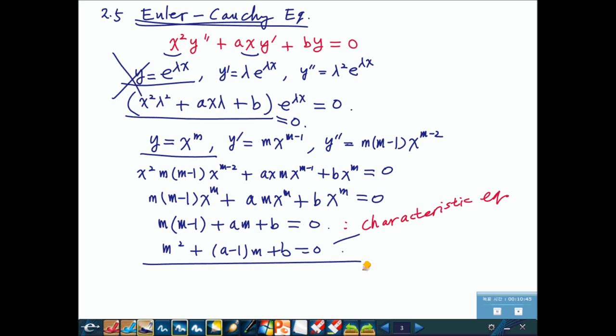The only thing is, this is a minus 1 due to the fact that this x is included in the equation. It's a slightly different form, right? Our previous result was lambda squared plus a lambda plus b is 0, compared to that. So we have a different characteristic equation.